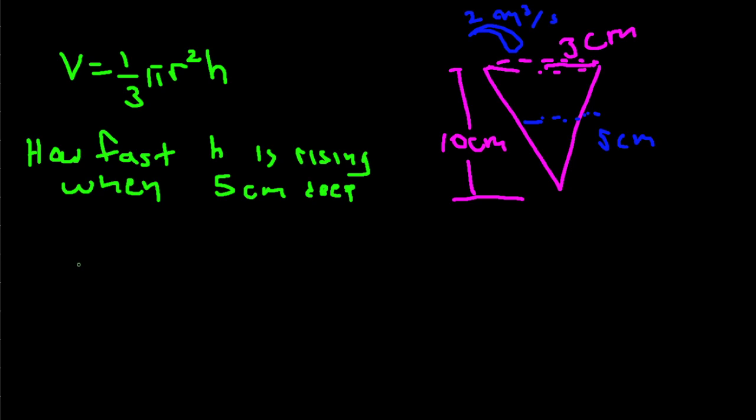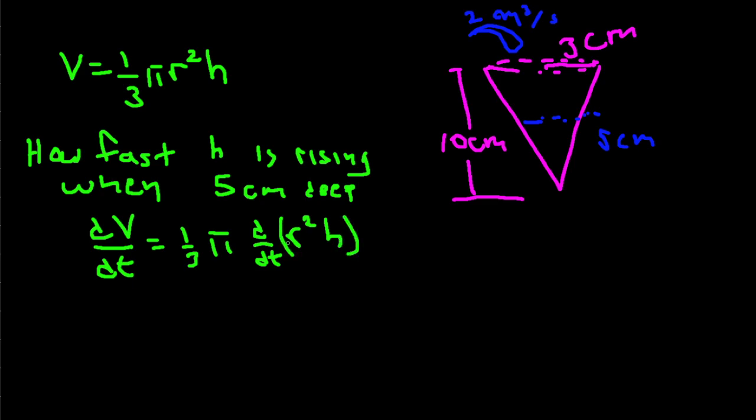So what we want to do is take the derivative of the original equation with respect to time. That's going to be dV/dt equals 1/3 pi. These are constants, but I am going to take the time derivative of the things that do change with time, which are the radius and the height.